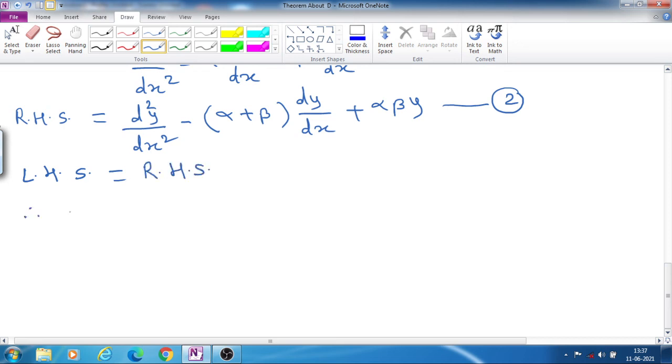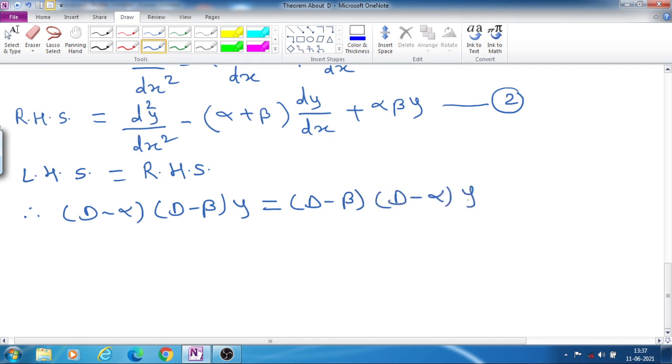That means (D minus alpha)(D minus beta) y is the same as (D minus beta)(D minus alpha) y. So thus we have proved this theorem. So we stop here.